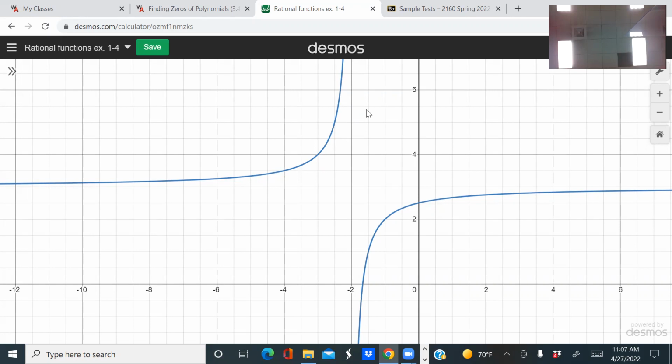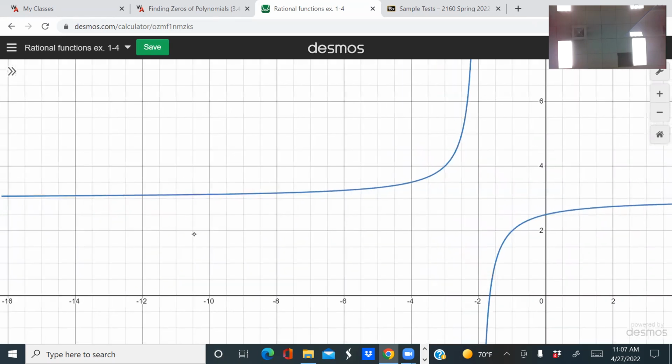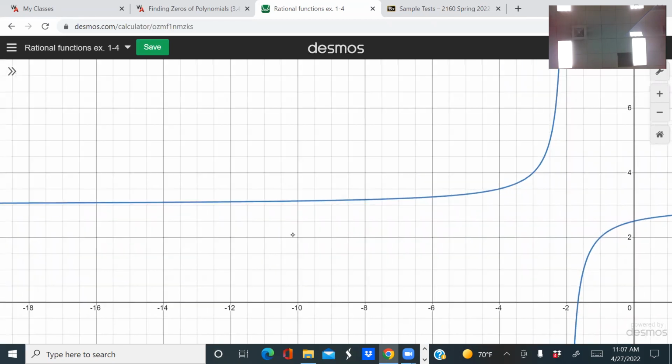The curve is shooting up to positive infinity and going down to negative infinity on the right-hand side. But now notice as you get far out on the x-axis to the left-hand side, that curve also appears to be approaching a line, in this case a horizontal line, right?